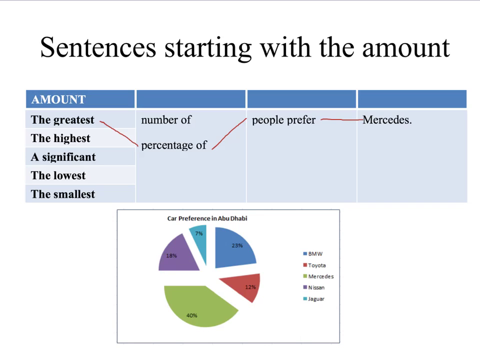I can also say that the smallest percentage of people prefer Jaguar. Both these sentences are correct.